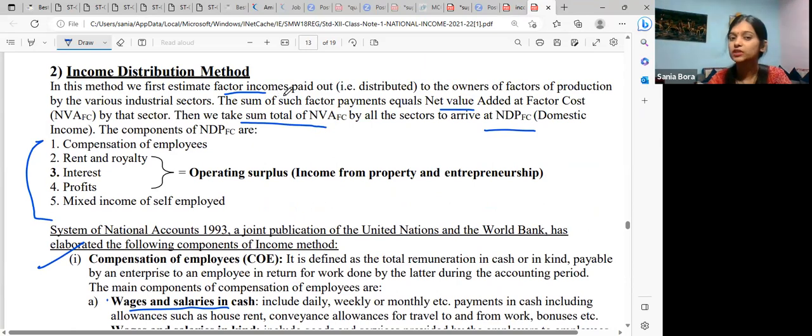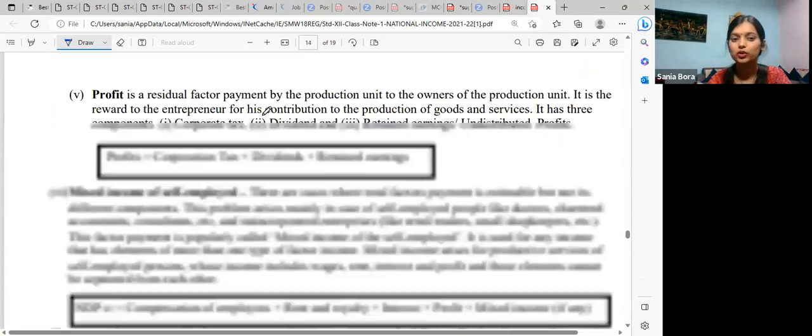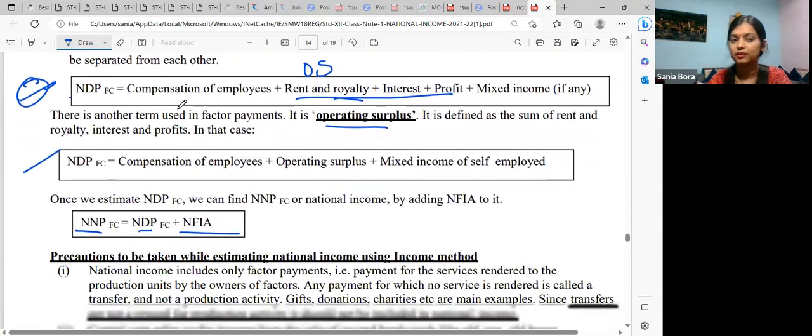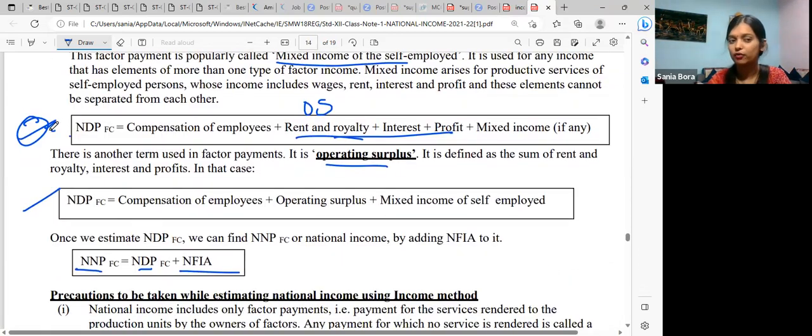So in this method, no need to write all this because nobody is going to ask you. So you will first write this income method, then write the formula NDP at FC, just write this formula or this formula, right? Both are the same thing, right? And then after this, first step is calculate NDP at FC, right? And then second step is calculate NNP at FC. Clear? So this is the formula which you have to learn by heart.